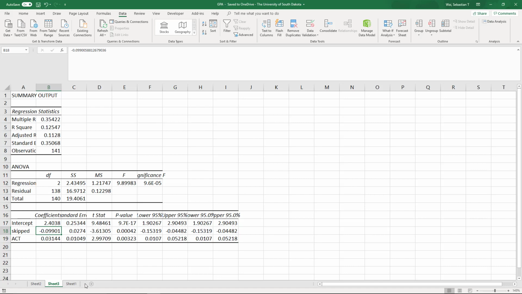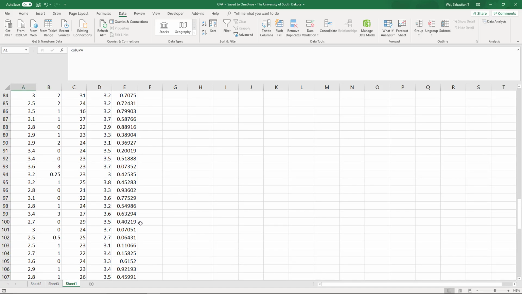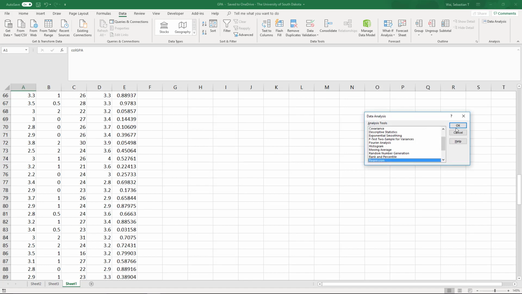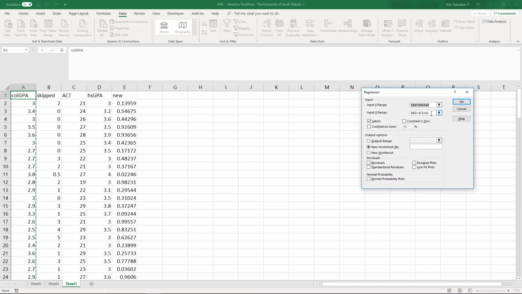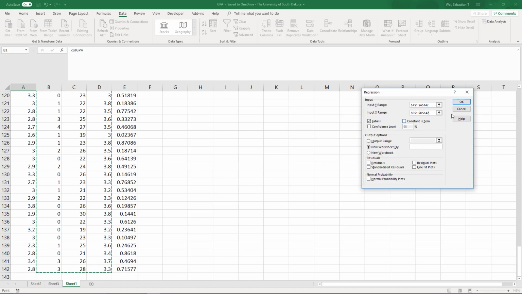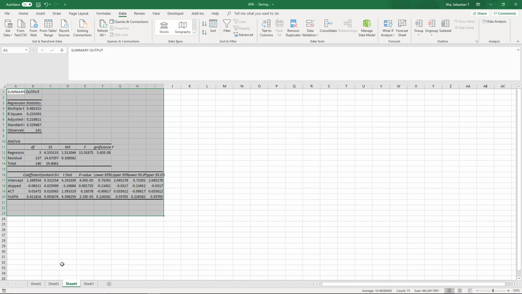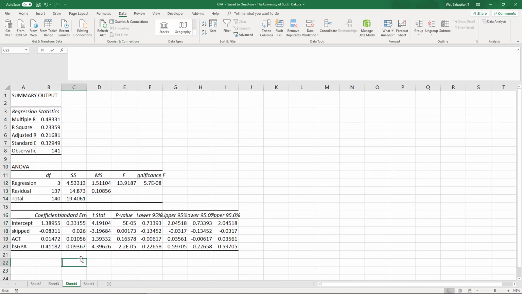We're now going to add one last variable, high school GPA, into the regression. We'll take a look at these results, and we can see that there is a positive correlation between high school GPA and college GPA.